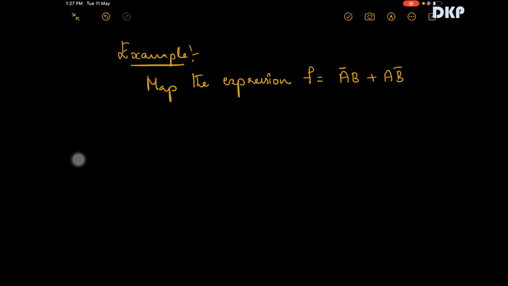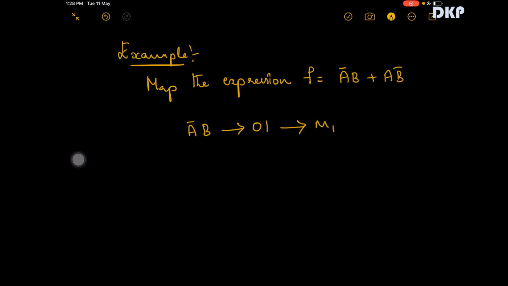So let us do a simple example here, that is to map the expression f is equal to A bar B plus A B bar. So the given expression is in SOP form. So we have to write the expression in minterms. What is the minterm of A bar B? As I told, the literal with a bar is represented as 0, literal without bar is represented as 1. Therefore, this is M1.